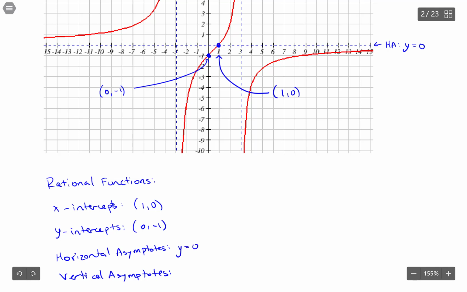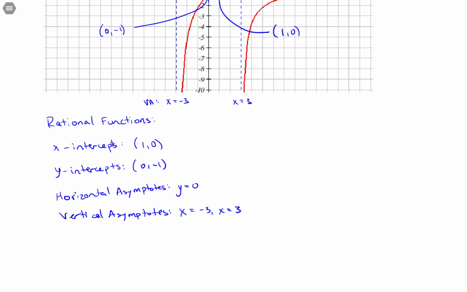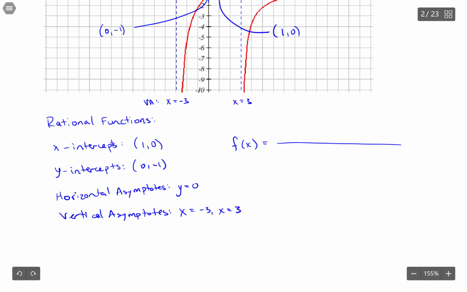And vertical asymptotes. Vertical asymptotes are places where division by 0 occurs. And we have two vertical asymptotes. We have one at x = -3 and x = +3. Now, to make a function that has all of these different aspects, what we need to do is just start off. We've already said it's rational, so I'm going to just throw in a division bar here.